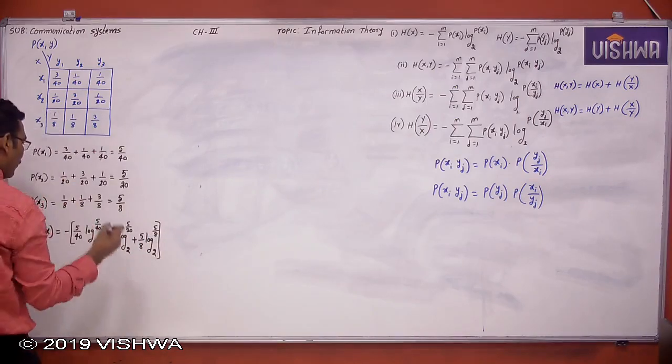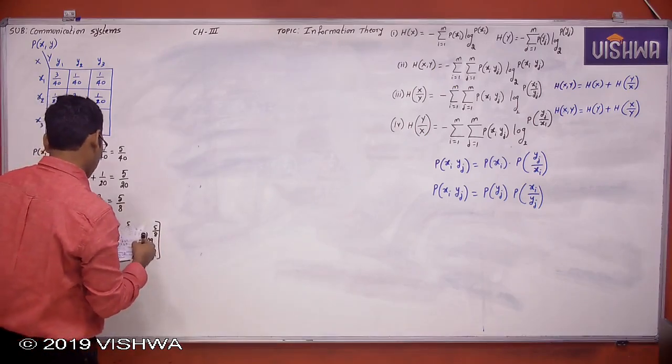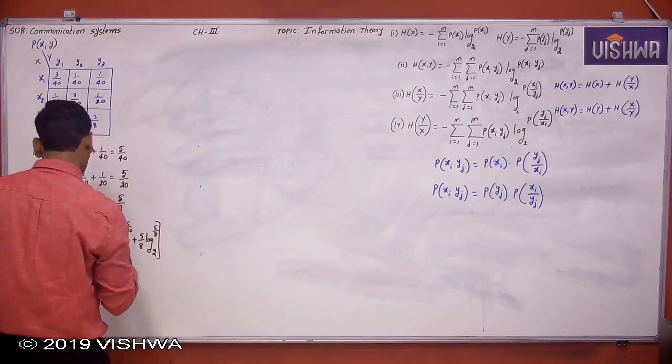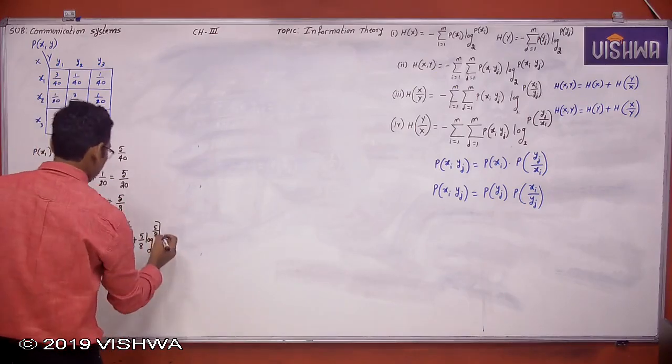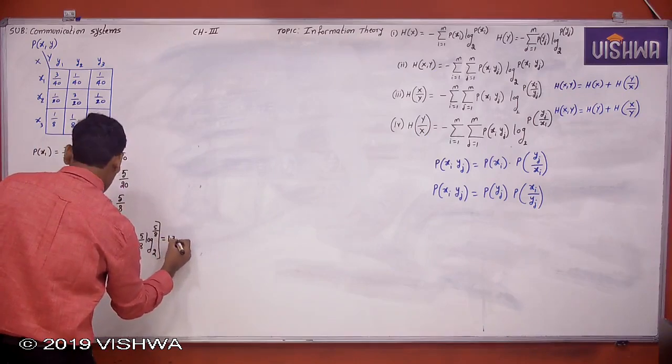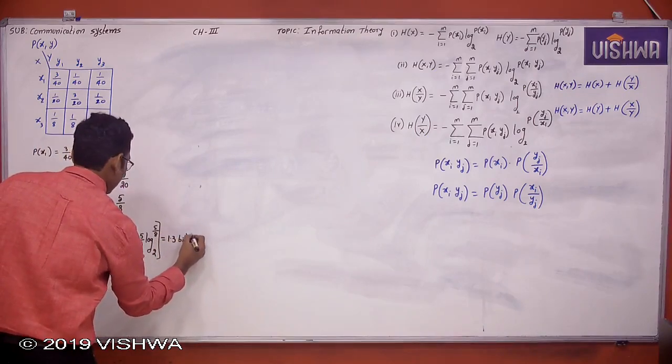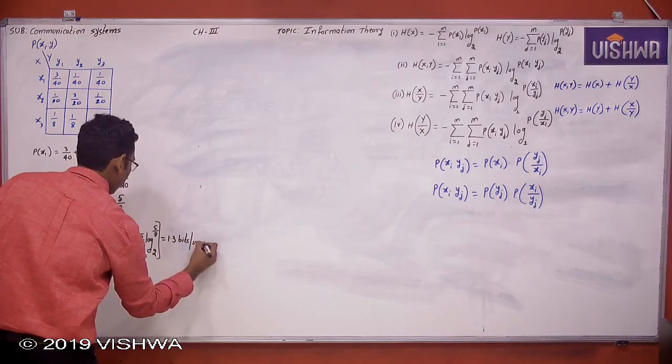This is the entropy of source x, which is equal to 1.3 bits per symbol.